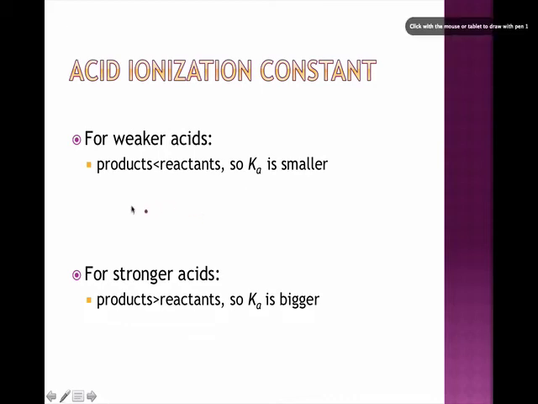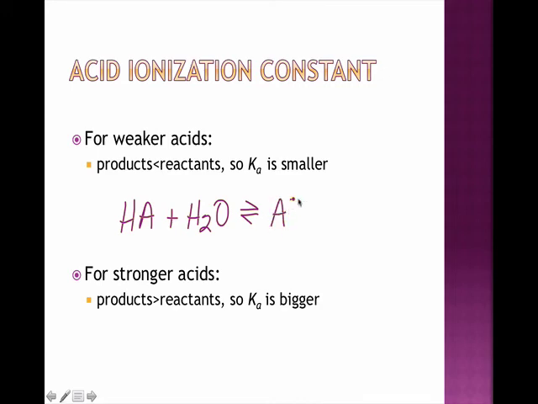And if we think about that, if I wrote just a general equation here, HA is just any weak acid you can think of. This is what we would end up with if we put it with water. Your products over your reactants is your Ka. And we know that the measure of the strength of an acid is how much it ionizes.